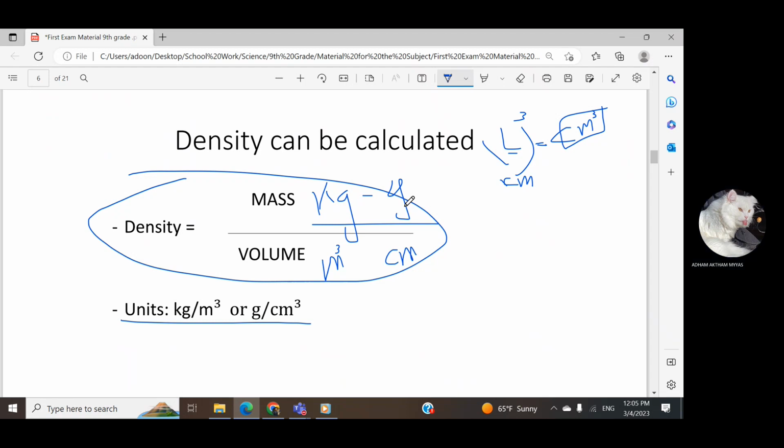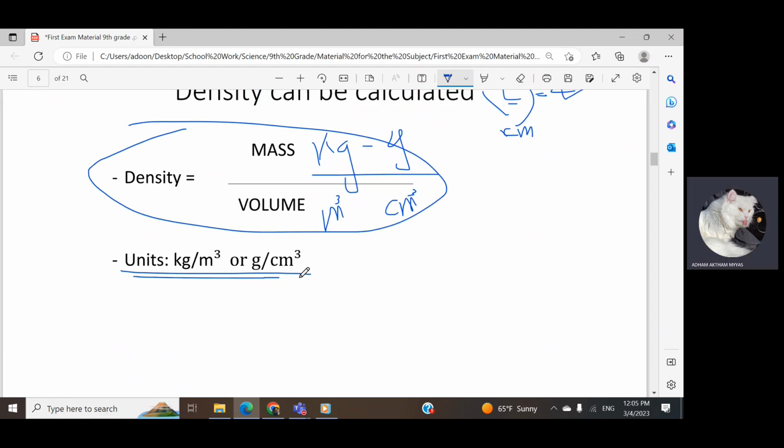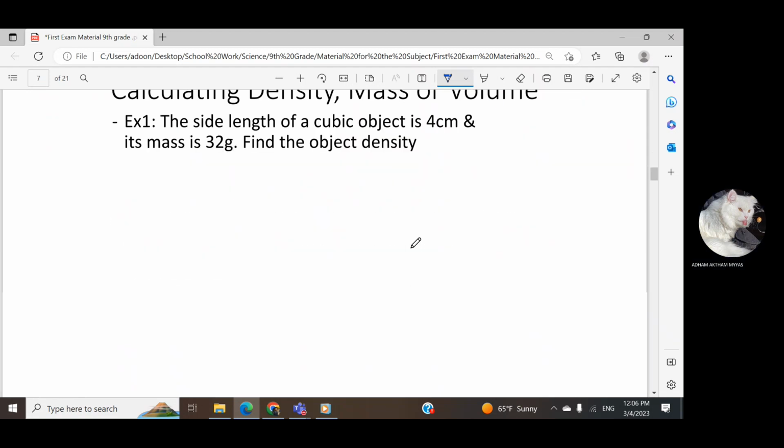So it's centimeter cubed. Let's move to the next thing: the units of the density will be kilogram per meter cubed or gram per centimeter cubed. So it's mass over volume. I can get the unit from the equation. Mass over volume gives me the density.